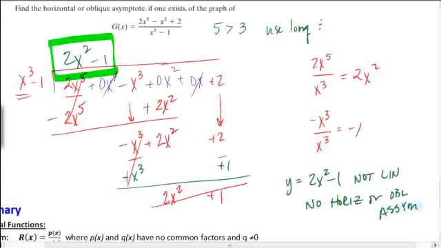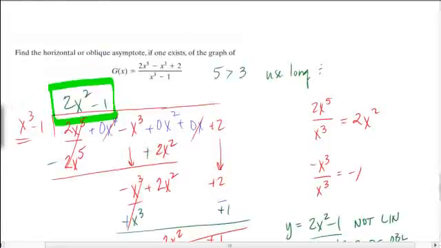Okay? Because that equation that we found is not linear, there aren't any horizontal or oblique asymptotes.